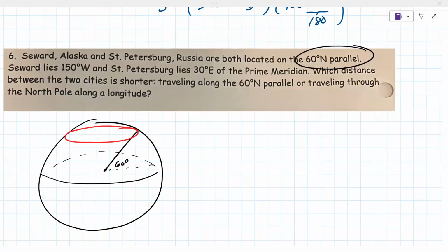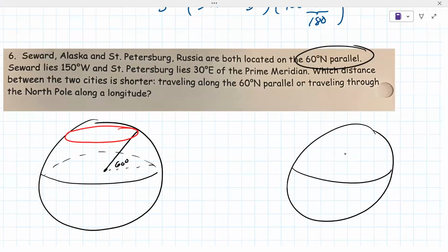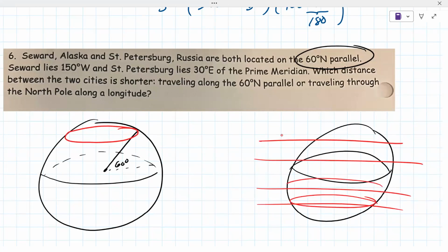What do they mean by parallel? I thought they were the ones that go east to west. To me the parallels are the ones that if you were to slice it this way and get those rings, that's the parallels.